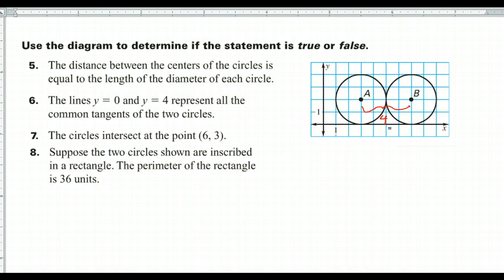Okay, so that's 4. Now, the diameters of these circles, look at circle A, for example. Here's the diameter of A, and you can see that's 4. And here's the diameter of B, and you can see that's 4. So the distance between the centers and the diameters are the same, so that's true.